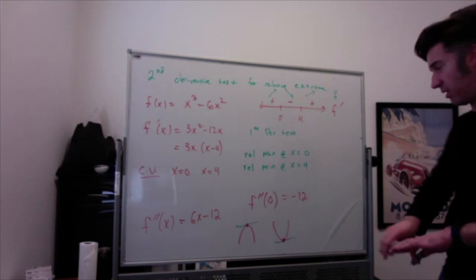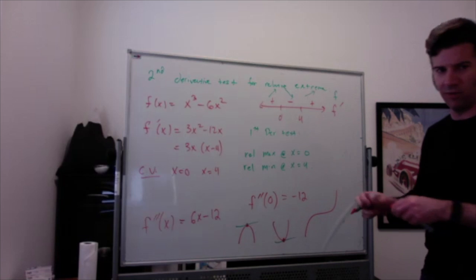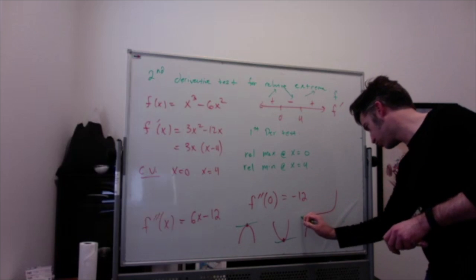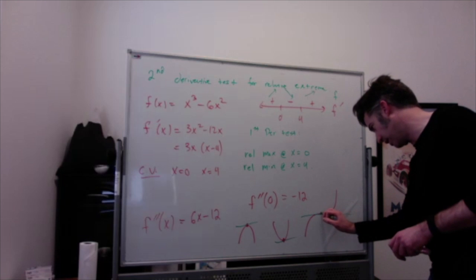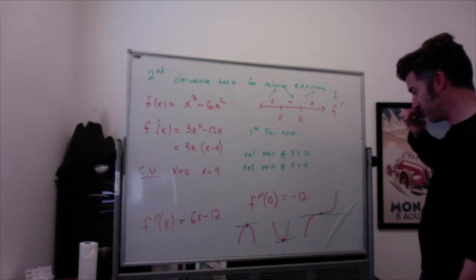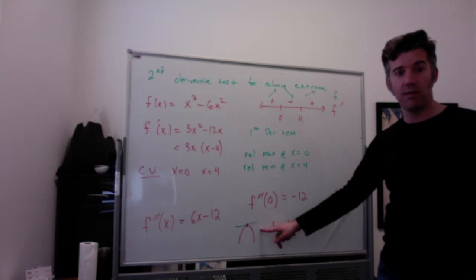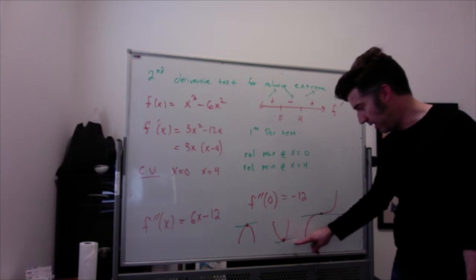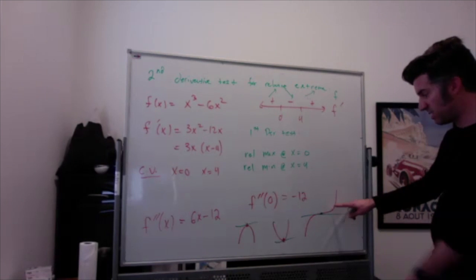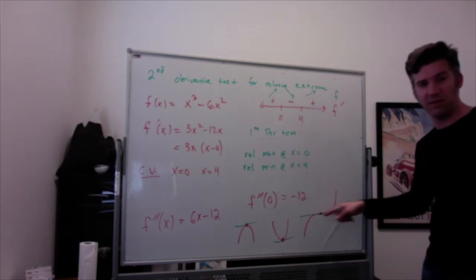Or I'm flattening out like this, which I know looks dumb, but right there is where it flattens out, and it's increasing. So these are the 3 cases. You can either flatten out like this, concave down, relative maximum; flatten out like this, concave up, relative minimum; or flatten out like this, concave up over here, concave down here. I don't have a relative max or a relative min.